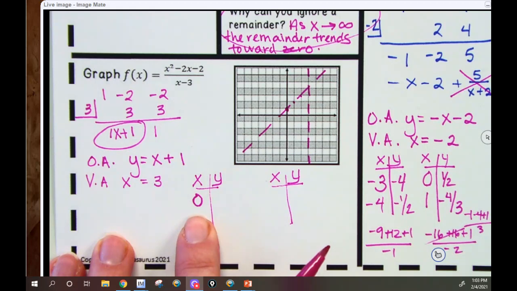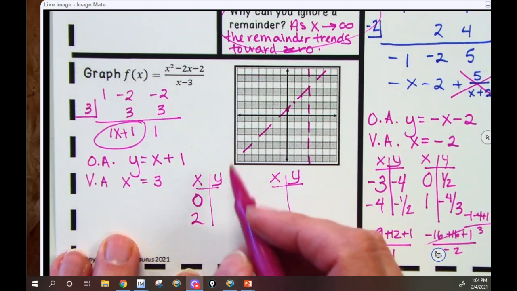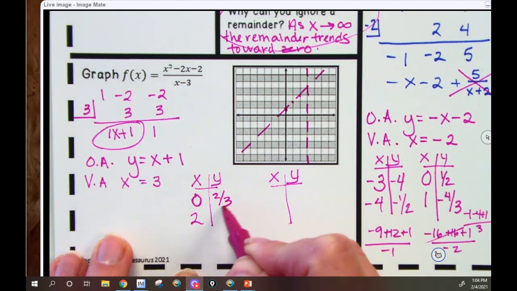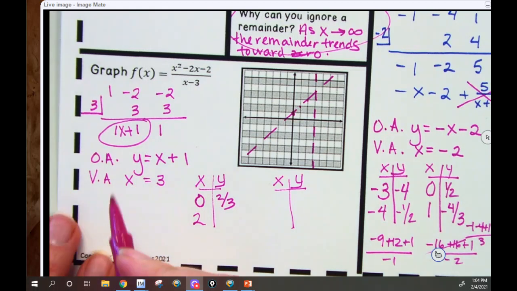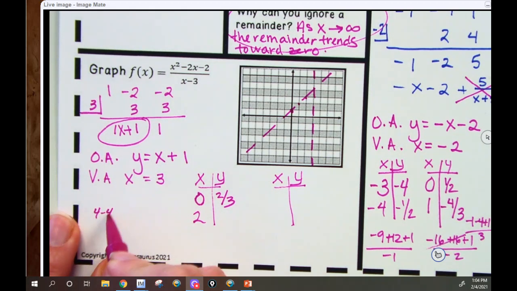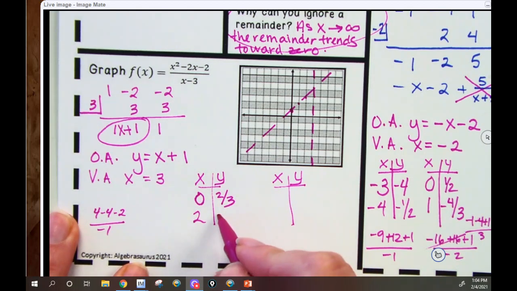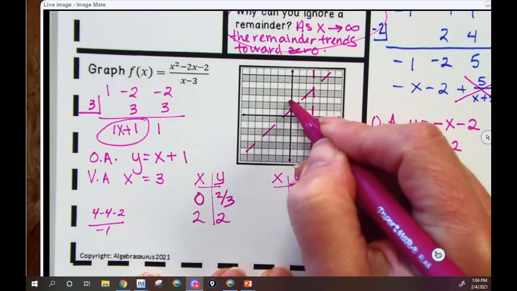So what did we decide? 2? All right. I plug in 0, and I get what, 2/3? I plug in 2. Here's my scratch over here. 4 minus 2 over negative 1. And so I get 2. 0 and 2.